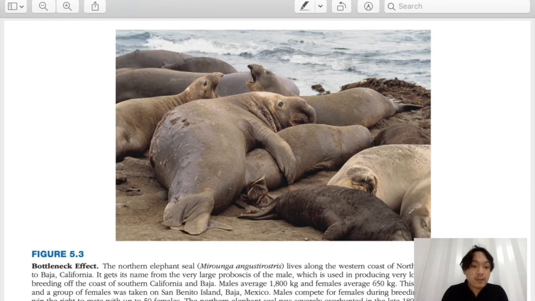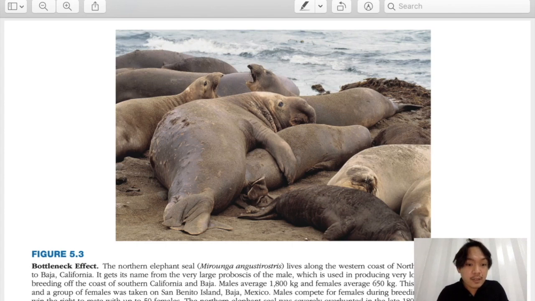This is the bottleneck effect also seen in the northern elephant seal, which lives along the western coast of North America from Alaska to Baja California. It gets its name from the large proboscis of the male. Try to look at the proboscis of the male on this part of their body.